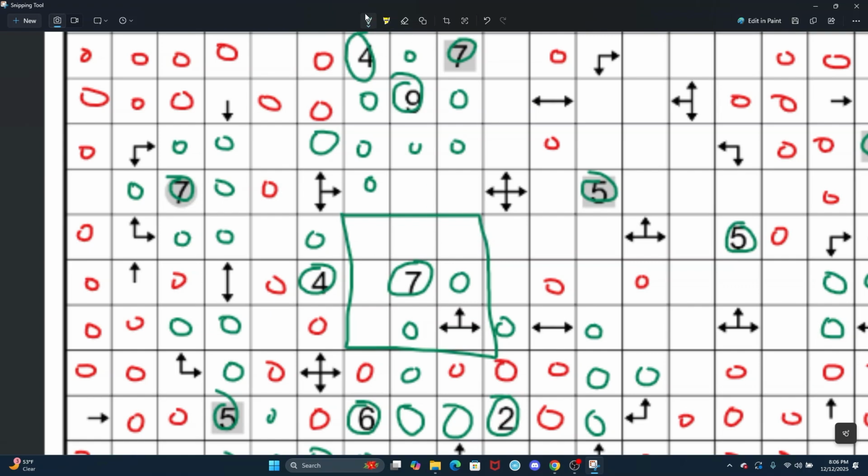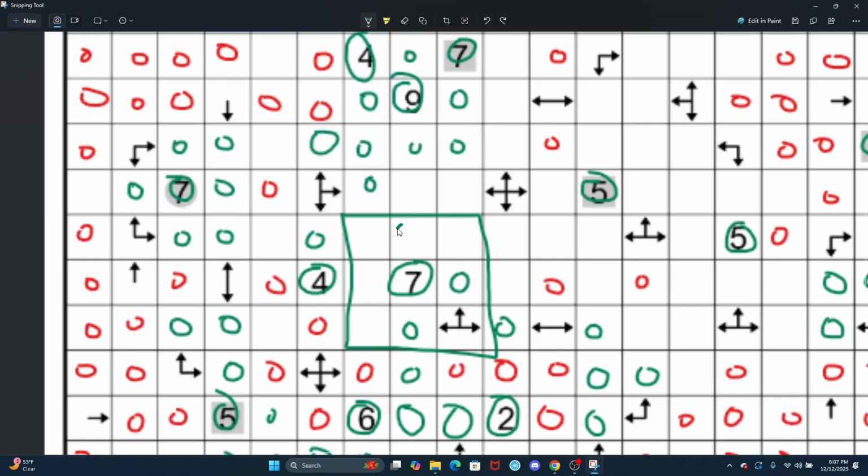So let's say one of the red cells, like one of these 2 cells were red, right? It doesn't really matter which one. Let's say this one was red. So that means all of these cells must be green. But then this 4 would have 5 adjacent green cells, right? Which can't happen. And if instead this cell were red, we'd get the same issue.